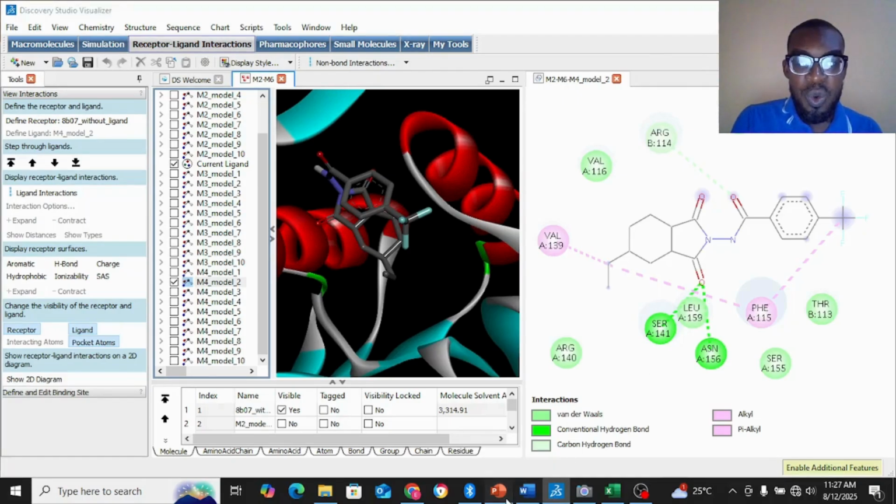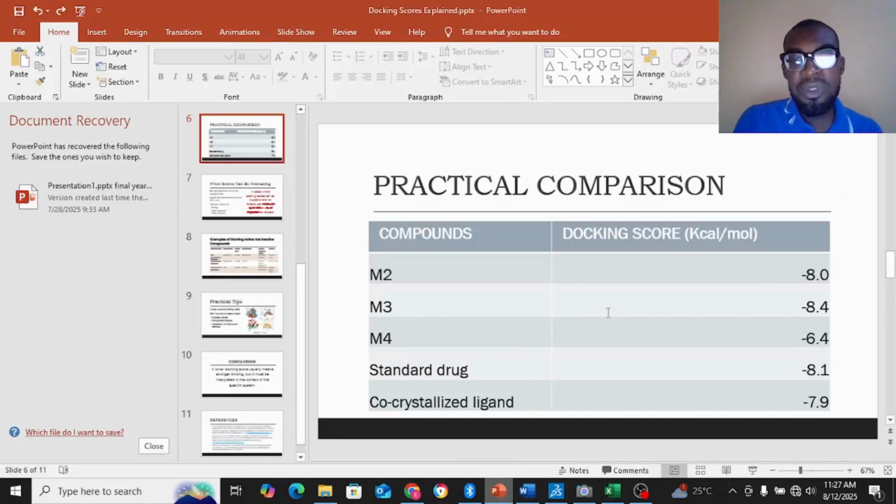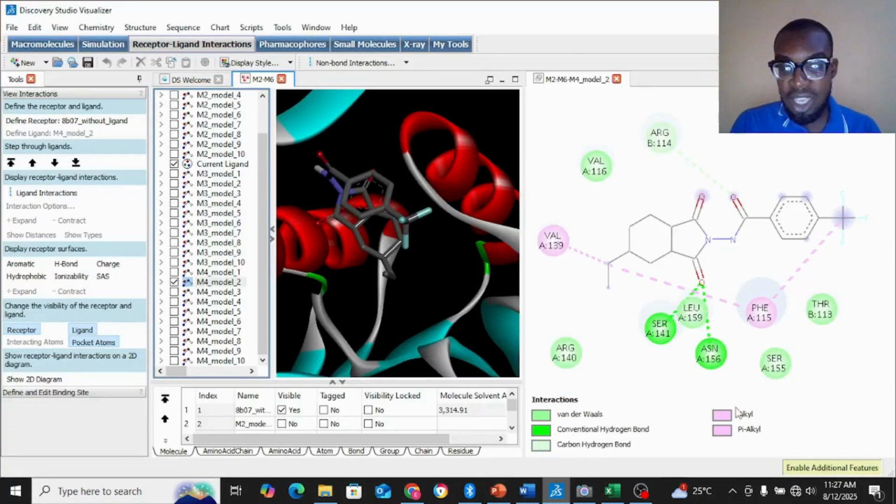So we can see that M2 and M3 had more interactions, and I believe stronger interactions when compared to M4. And in fact, here you can see that we don't even have a lot of hydrophobic interactions. We don't have halogen interactions, and all those interactions contribute to the docking score.